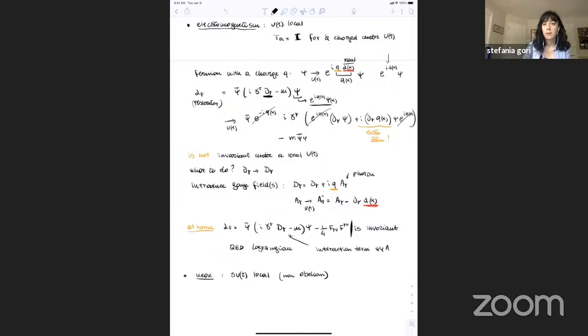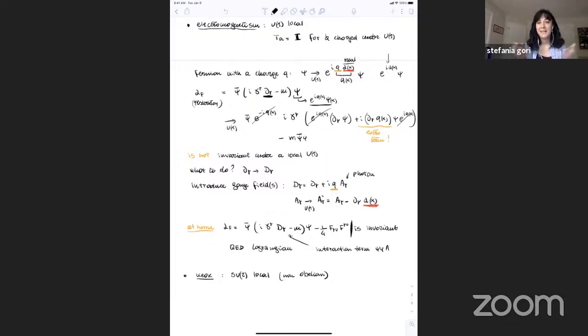Sorry, Stefania, before you go to the non-abelian, would you like to answer another couple of questions? One from Mandeep, who asks why we want our Lagrangian to be invariant under local gauge transformations. Yeah, so the way I present it is that we are imposing a U1 local symmetry, and I want to have a system and a Lagrangian that is invariant if I do those types of transformations.